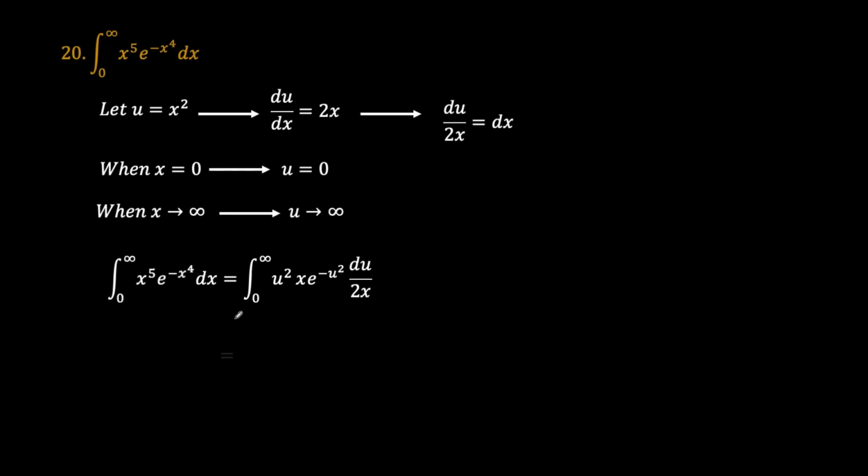And so this integral now can become, I've decided to keep x here and avoid the cumbersome substitution for u, because I knew this x and this x would disappear. And so we have half times the integral from u equals 0 to infinity of u squared times e to the power negative u squared.